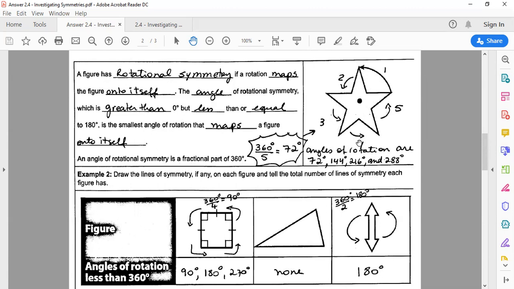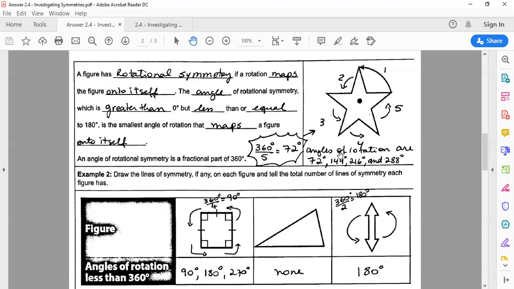If I rotate this 5 times, I go back to the original picture. So I do 360 divided by 5, which is equal to 72 degrees. That means every time you rotate this picture 72 degrees, it's going to fall on itself.